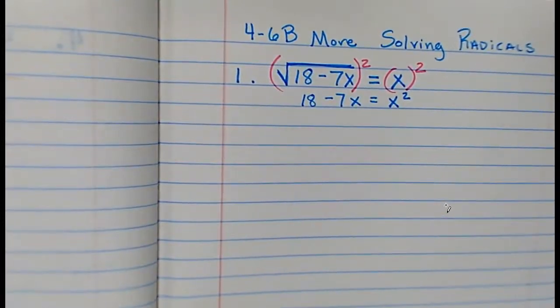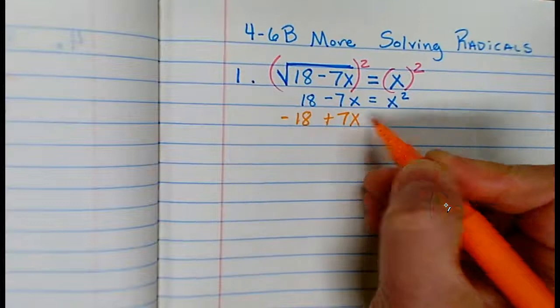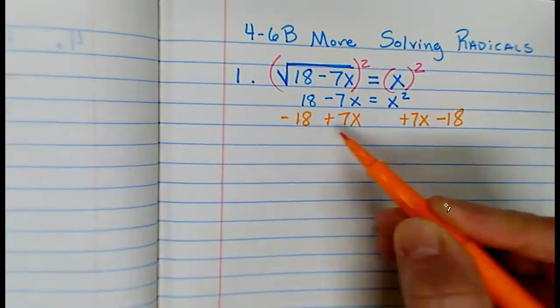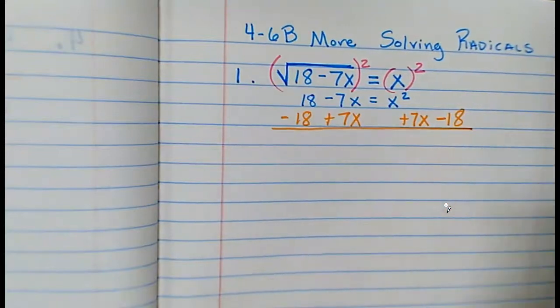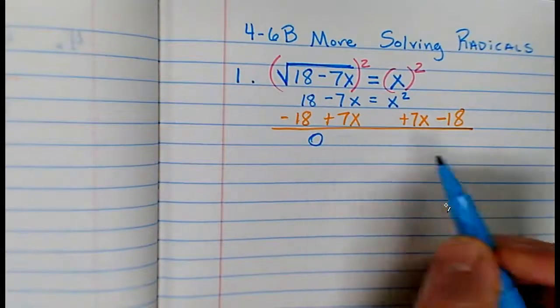In order to solve a quadratic equation, it has to be equal to 0. So I need to add 7x to both sides and subtract the 18 from both sides to zero out this side.